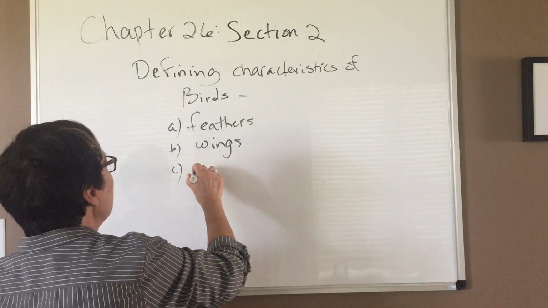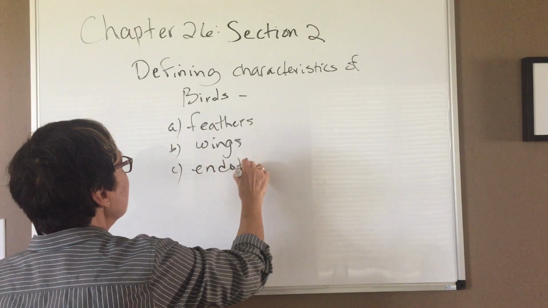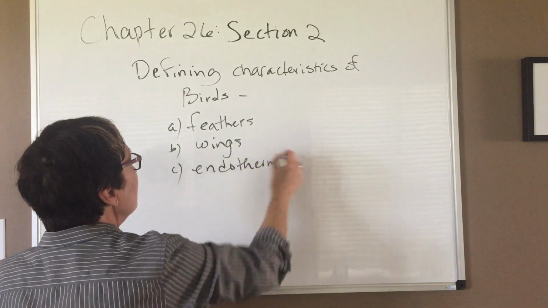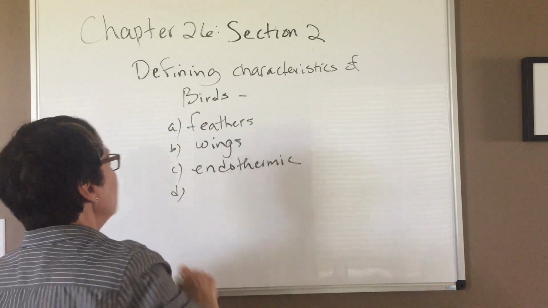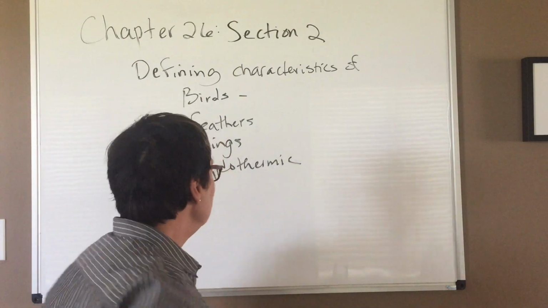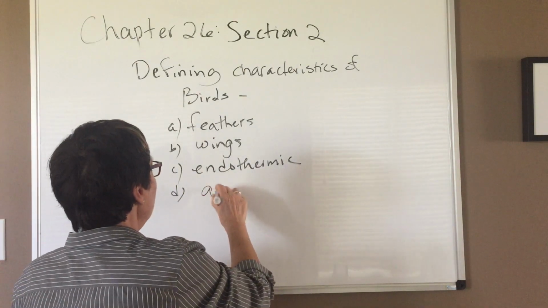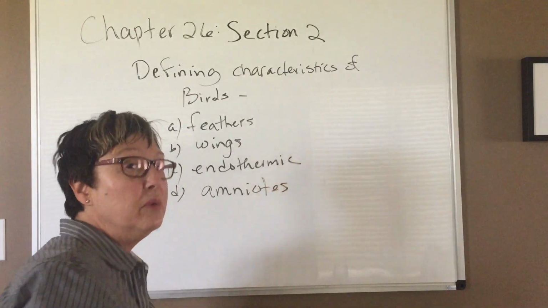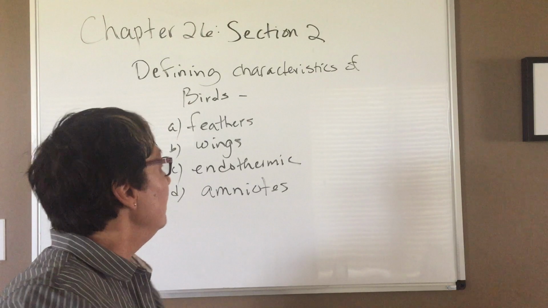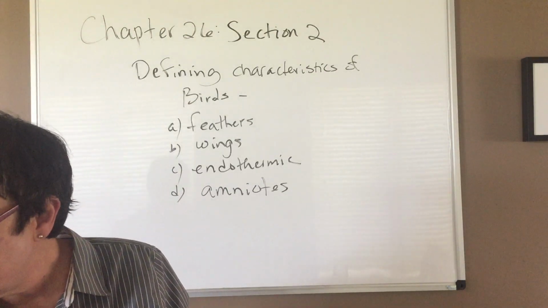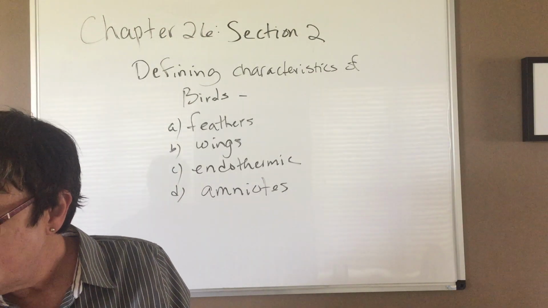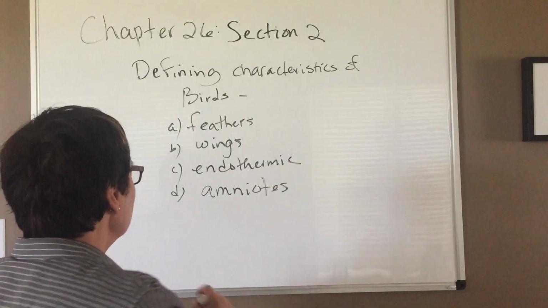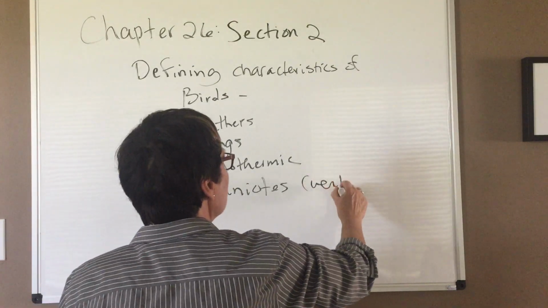These are actually now endothermic organisms, so they can regulate their own body temperature. They are amniotes. They have an amniotic egg, and of course they're vertebrates.